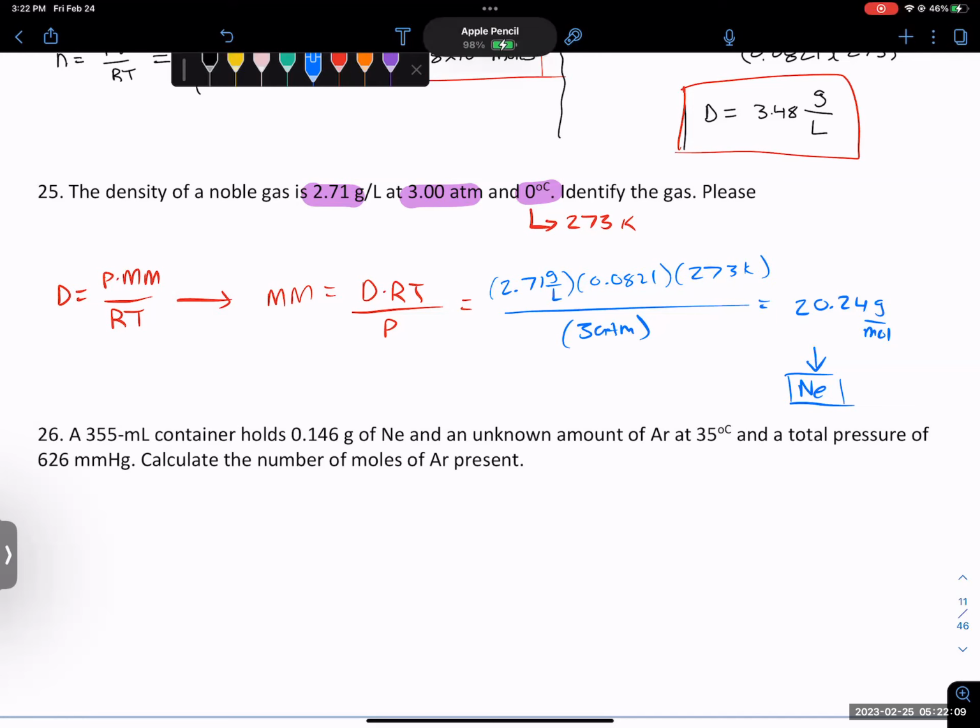How was that problem? I know we did like 5, or maybe I'm overshooting, maybe 4 density problems today. So I hope by now you were able to use that equation to get the right answer. If not, keep doing some, and that's okay. So what is the verdict here?